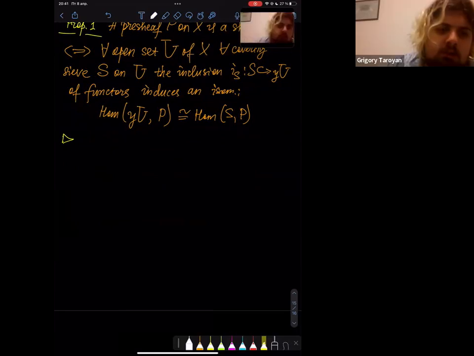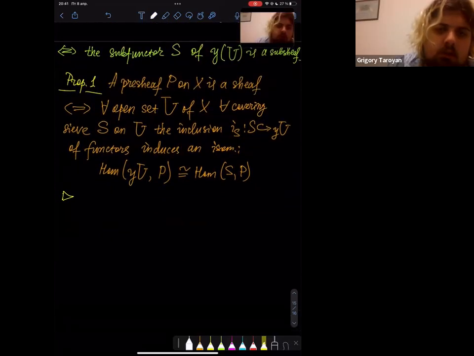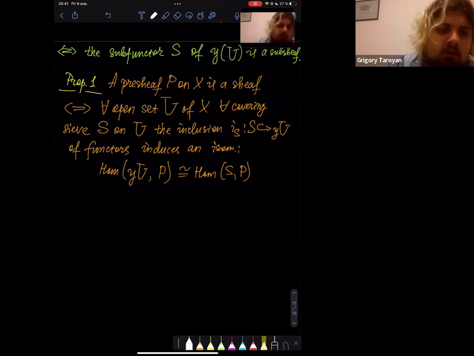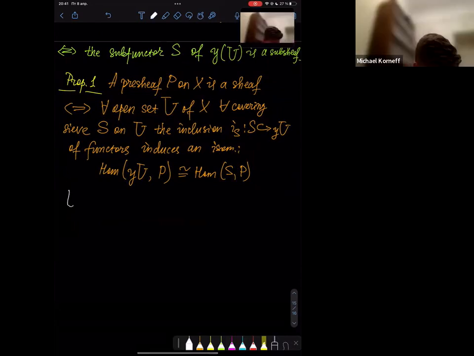Sorry, and what sieves are called covering? Okay. What is a covering sieve? If we have a covering of U, then we can form a sieve which corresponds to this covering.